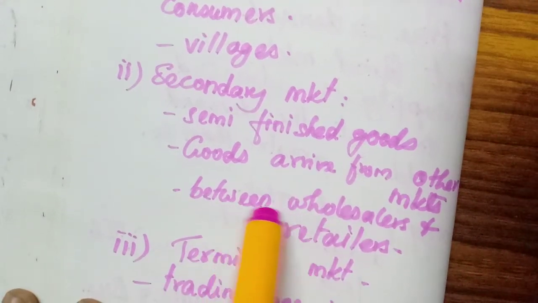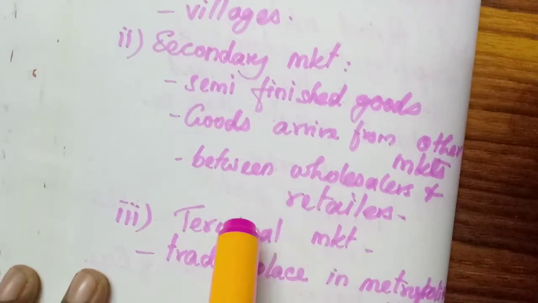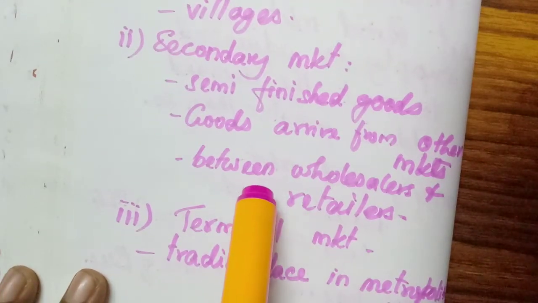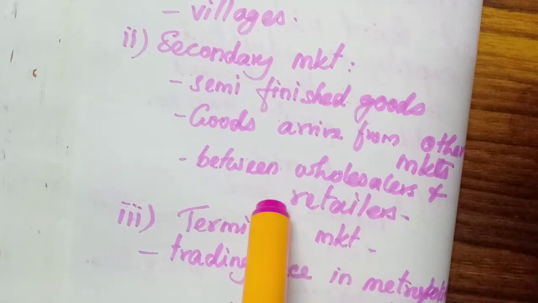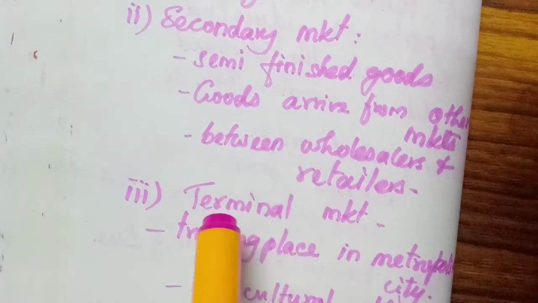Who is dealing with the purchase and sale here? The wholesalers and the retailers. They will purchase and sell in the secondary market.